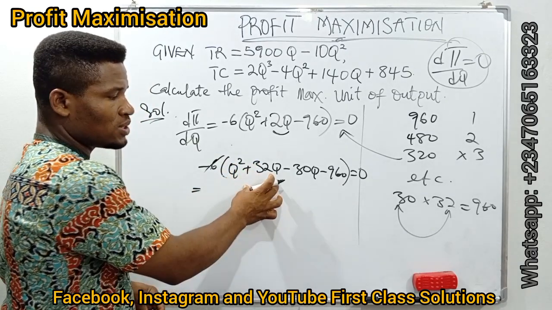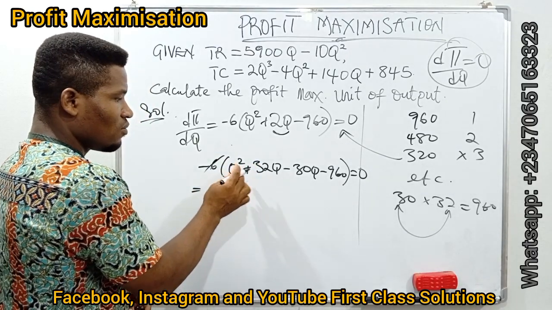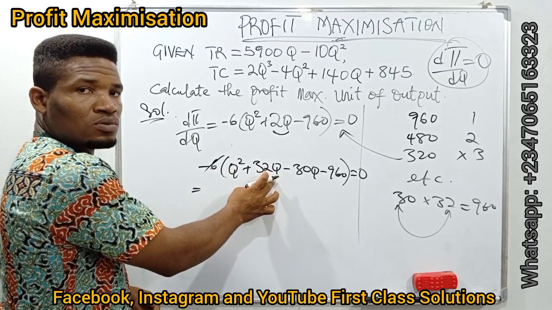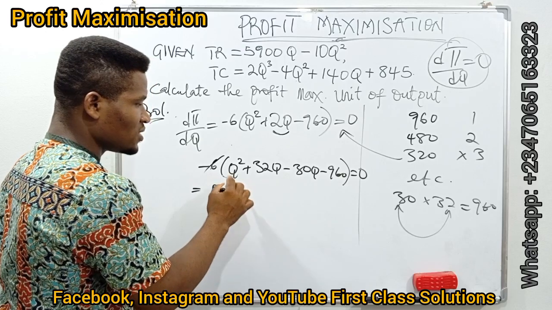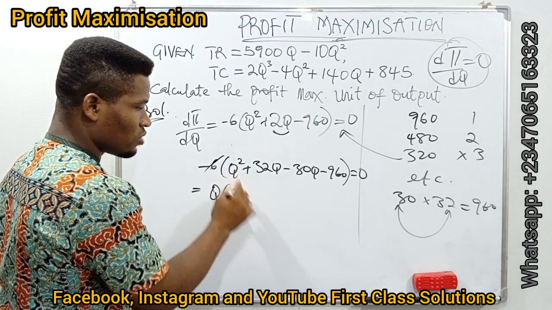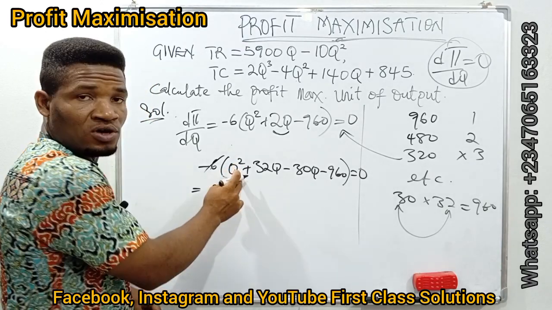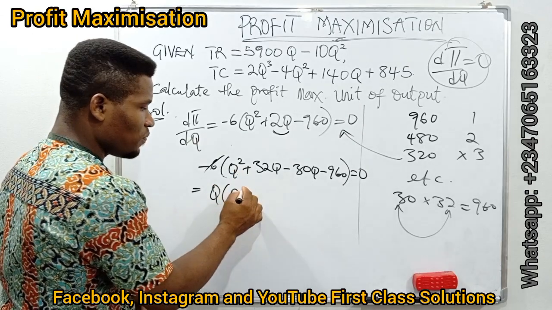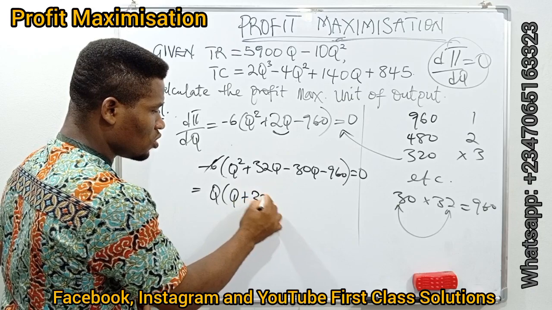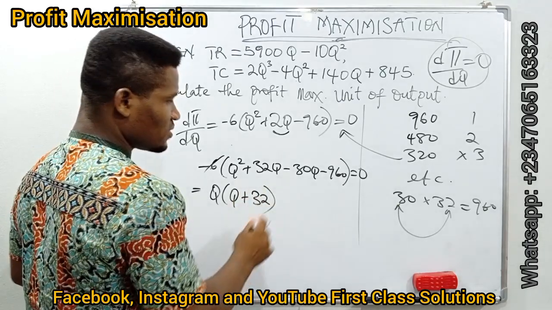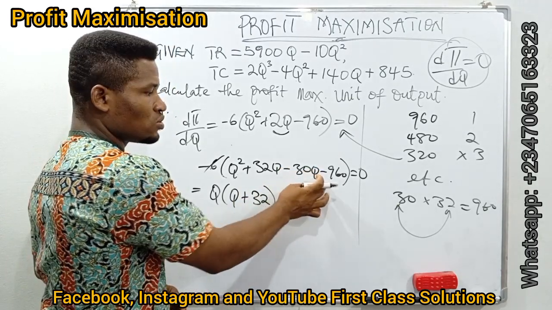So here we need to just expand and factorize. What is common between q squared and 32q? We have q being common, then open brackets. Another q is still left here, because q times q gives us q squared again. So plus, having taken q from here, 32 is left. We close brackets. What is common between these two?